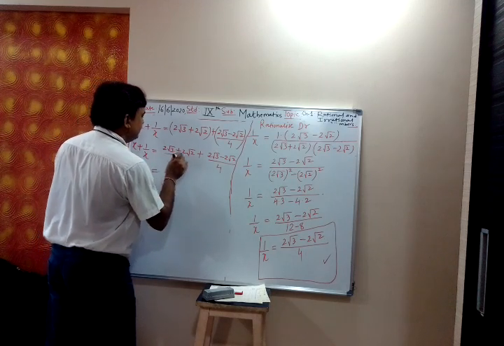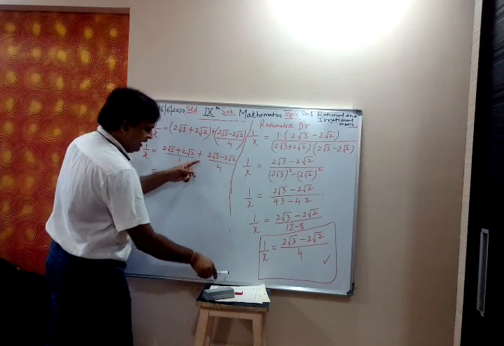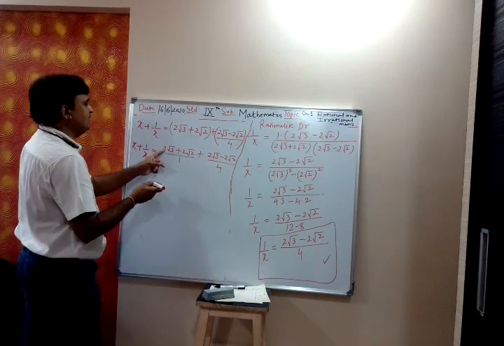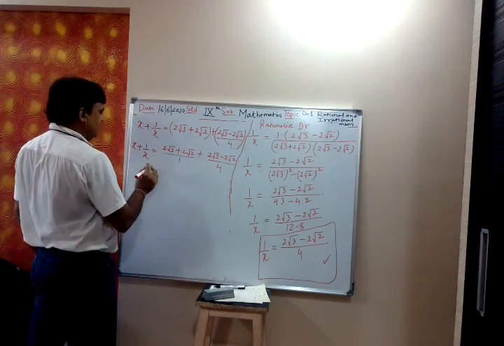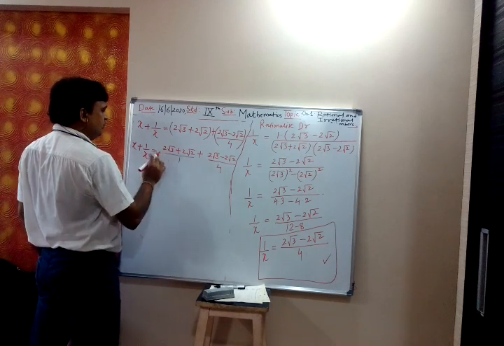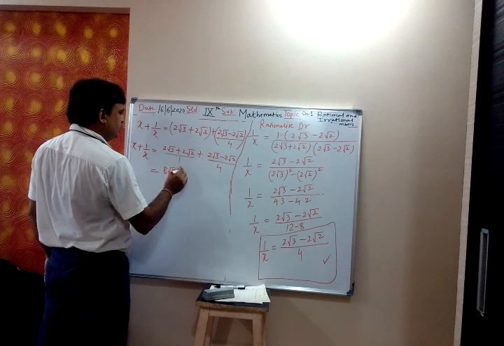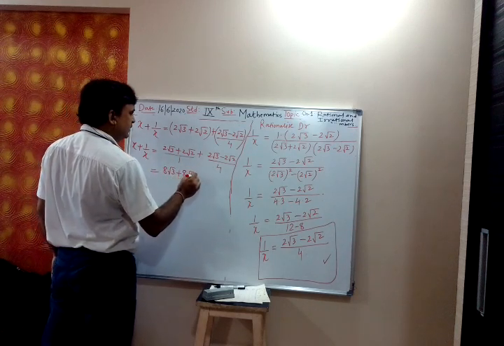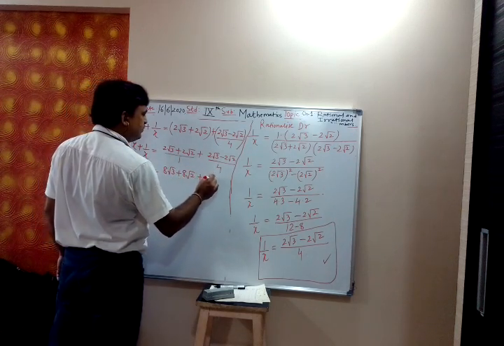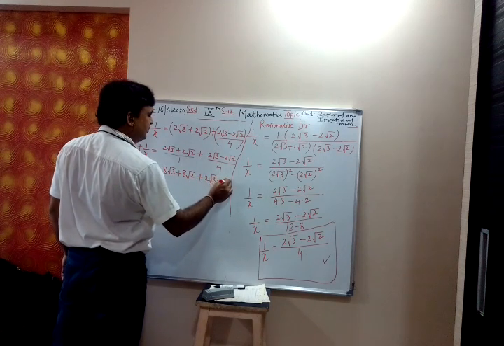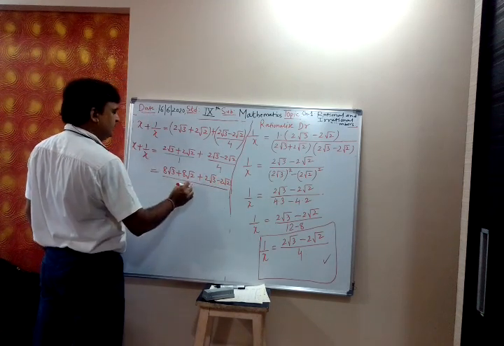I will take the LCM, so I will multiply this by 4. So 4 into 2, 8 root 3 plus 4 into 2, 8 root 2 plus 2 root 3 minus 2 root 2 upon 4. Taking LCM.